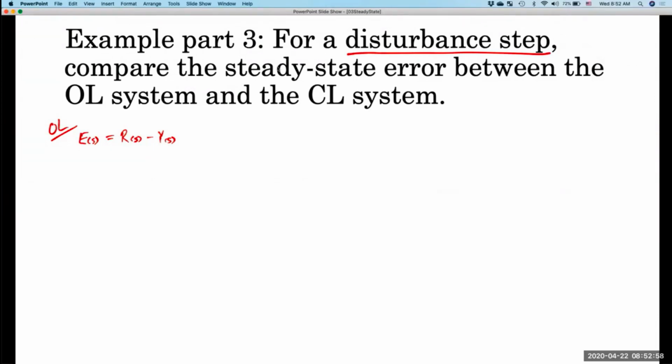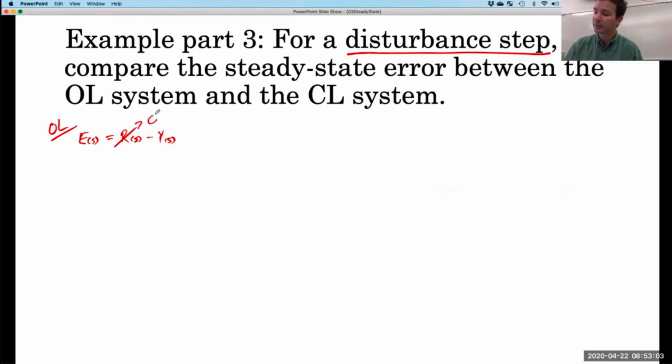If we're going to do superposition, should it be 0? That's exactly right. So if we're doing superposition, and if we're saying that the output is only due to the disturbance, the error is simply the negative of the output.